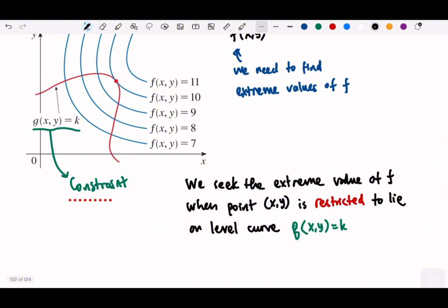So the constraint will help us to determine the extreme value.